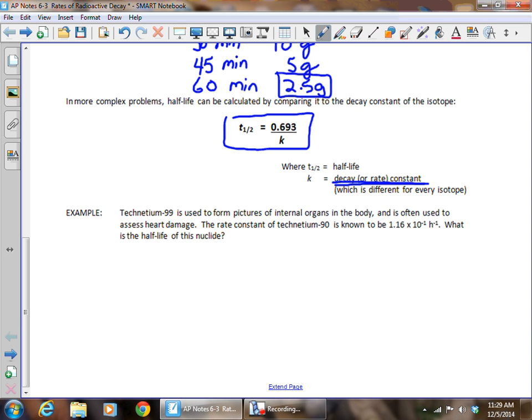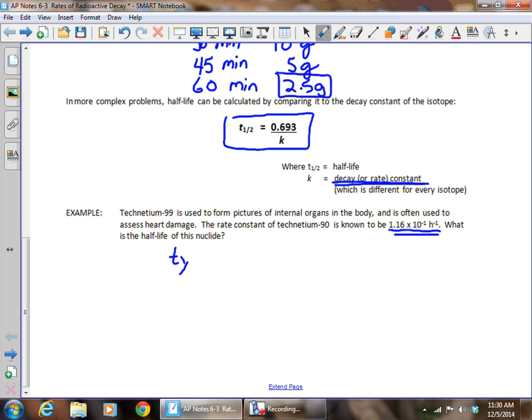The rate constant of technetium-99 is 1.16 times 10 to the minus first reciprocal hours. The decay or rate constant are in reciprocal units. So what is the half-life of this nuclide?